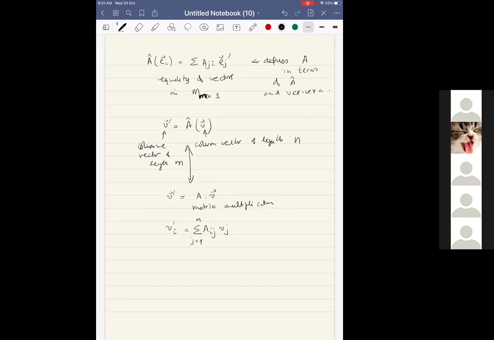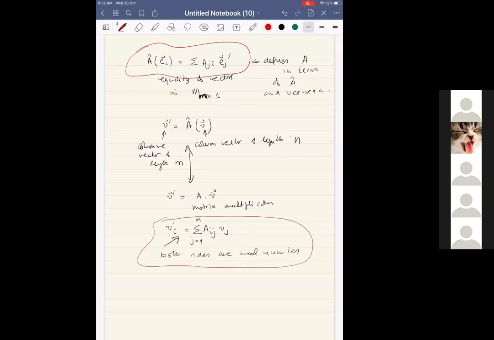This is an equation where both sides are real numbers. In other words, in the first equation both sides are column vectors, and here both sides are real numbers.